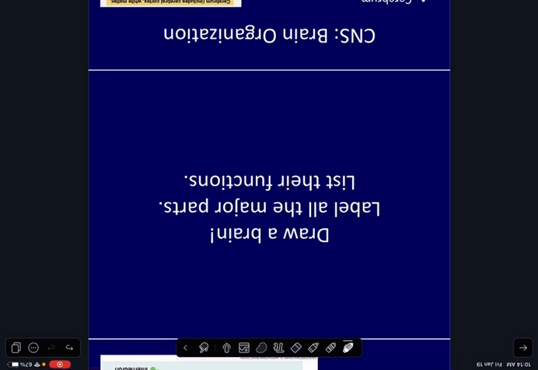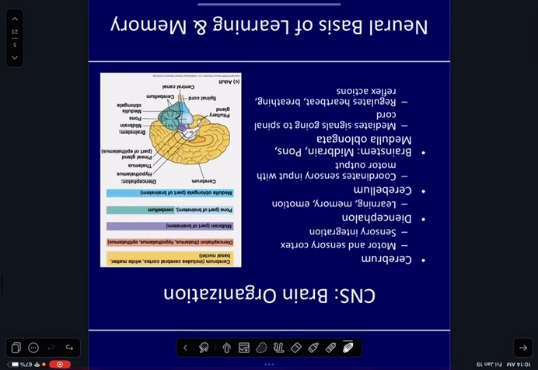Ready? Okay. Here we go. So this is the cerebrum. Now remember, we talked in more detail about the different parts of the cerebrum. But if I asked you to draw me a brain, it's this whole thing. So the cerebrum, of course, is the largest part of the brain, and again, we're talking about human beings here.